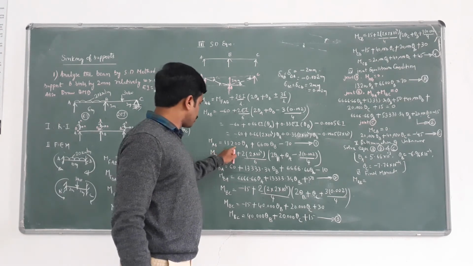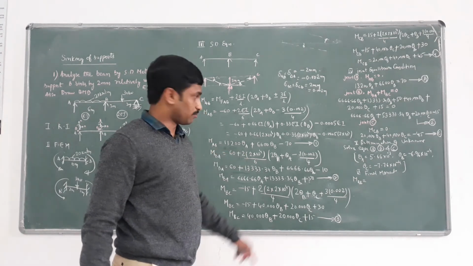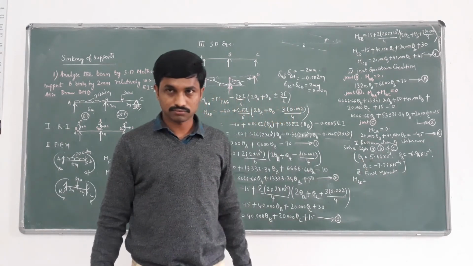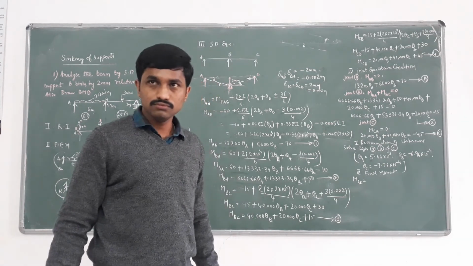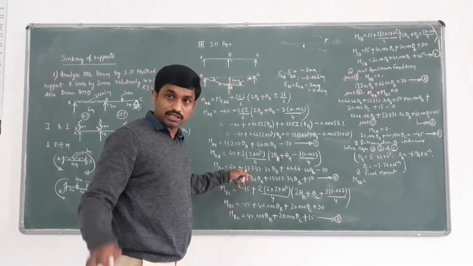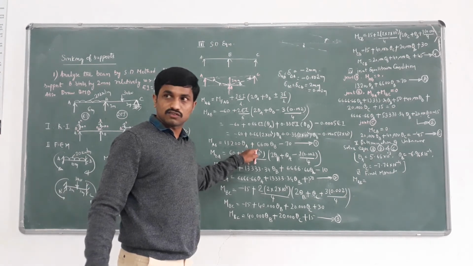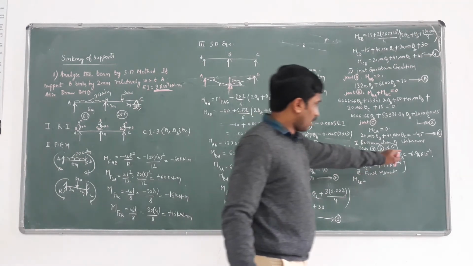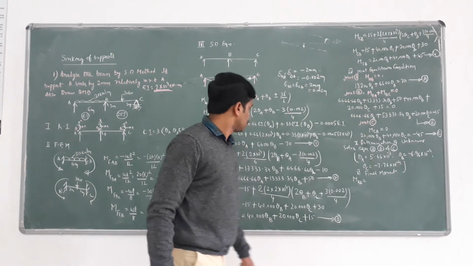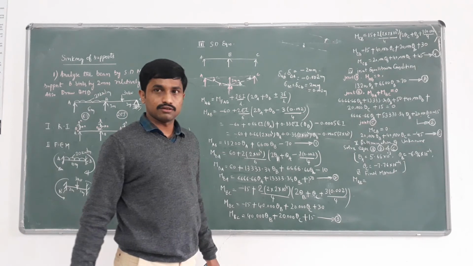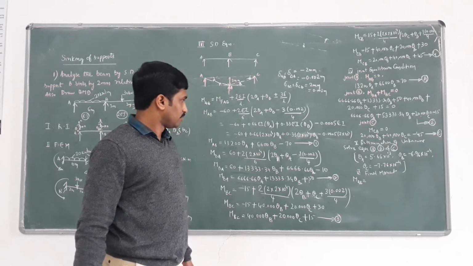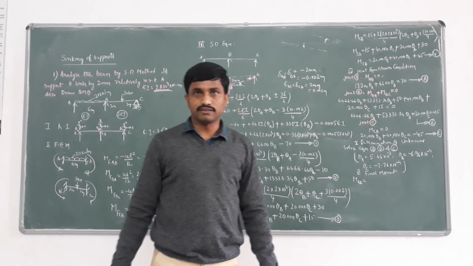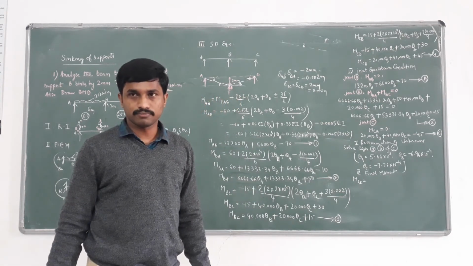MAB: 13,200 multiplied by 5.66 into 10 power minus 3, plus 6,600 multiplied by minus 6.96 into 10 power minus 4.